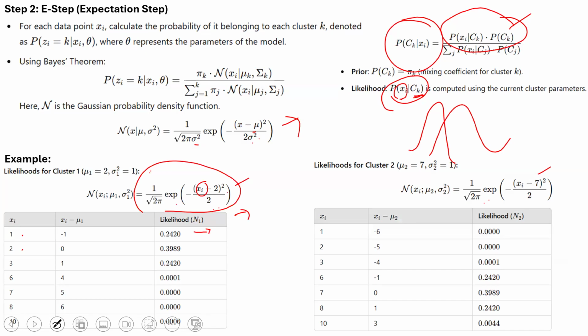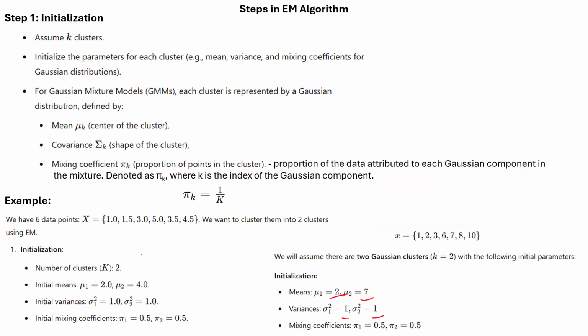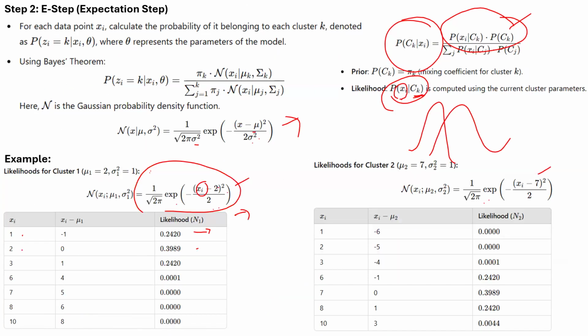And when xi is equal to 2, calculate the value of this. So similarly, we calculate using this particular formula, substitute xi in every equation and calculate all the likelihoods. Similarly, for cluster 2, the probability of a point belonging to cluster 2. So for every point, calculate the likelihood of this point belonging to cluster 2.